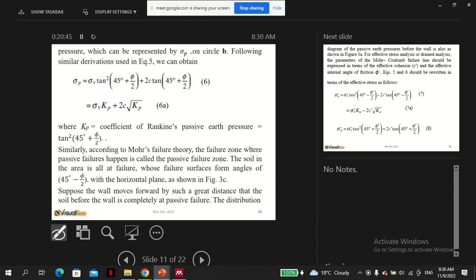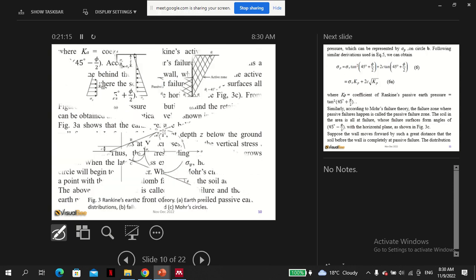Rankine's passive earth pressure. Similarly, according to the Mohr failure theory, the failure zone where the passive failure happened is called a passive failure zone. The soil in the area is all failure, whose failure surface forms an angle of 45 minus phi over 2 with the horizontal, as shown in 3C, or in 3B I think, or in 3C.